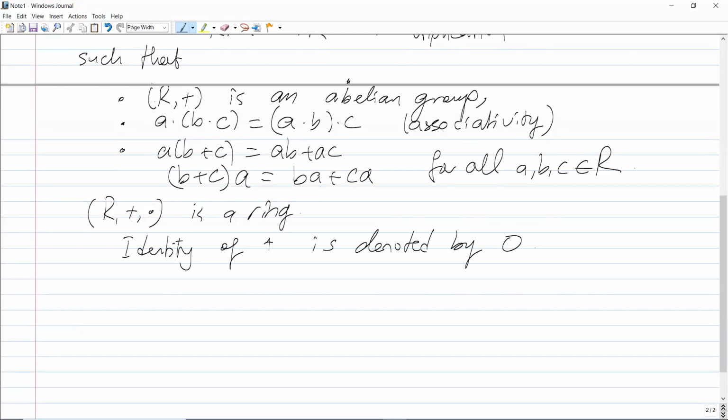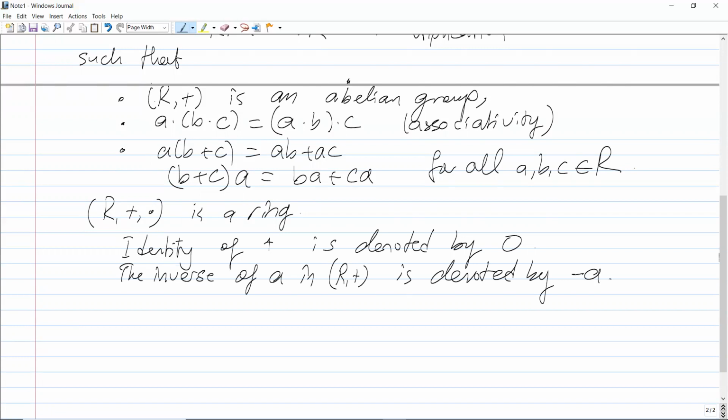And the additive inverse of a, as we defined above in our abelian group, is denoted by minus a.